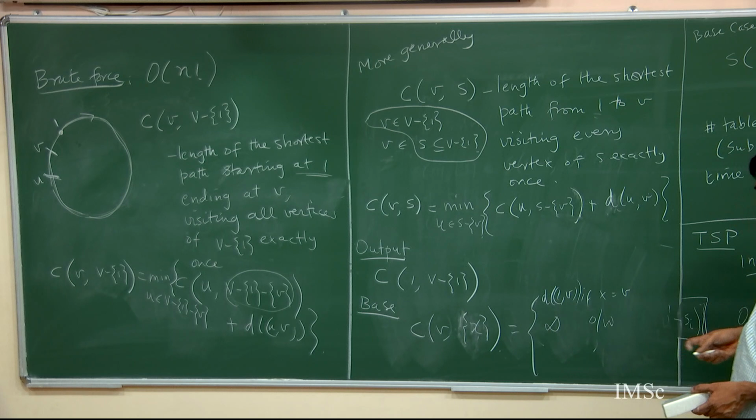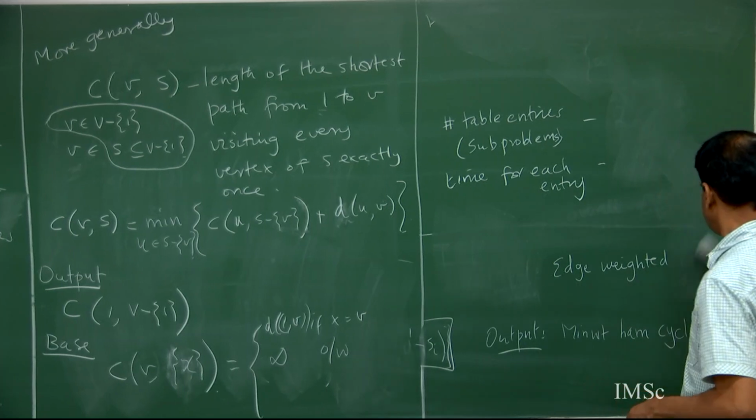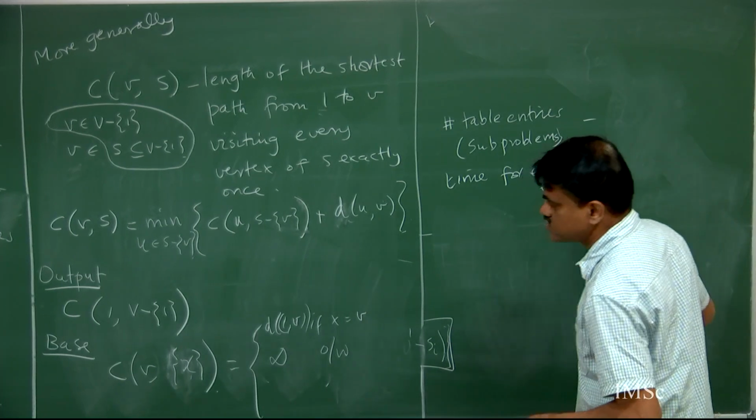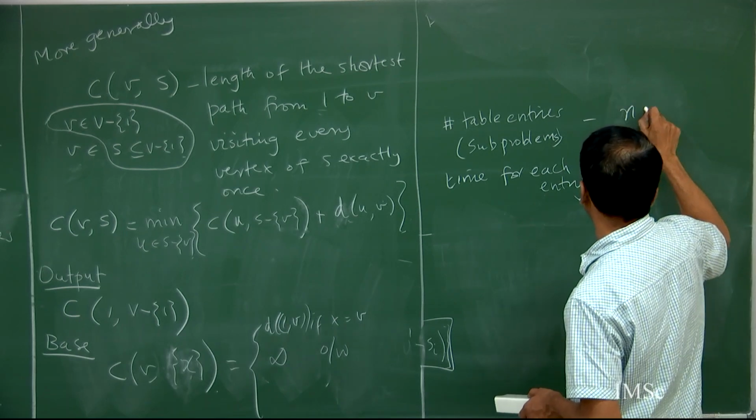So how much time does this take, and how many table entries? Time for each. Sorry, n into 2 to the power n, right?